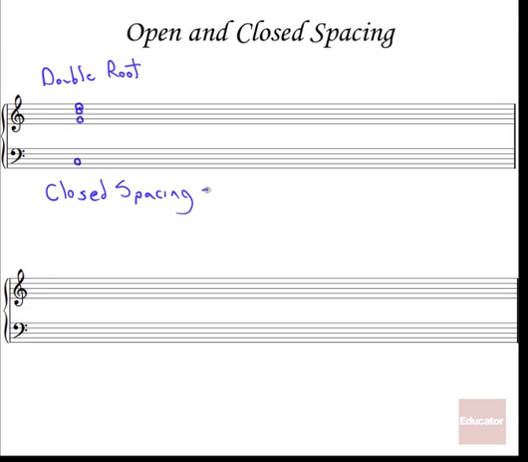It means that between the upper three voices, there's no room to insert any other notes of the triad. We've gone from this G, the next closest note of C major is C, and we've got a note there. And then from this C, the next closest note that is part of a C major triad is an E, and we've got that. So no space for chord tones.